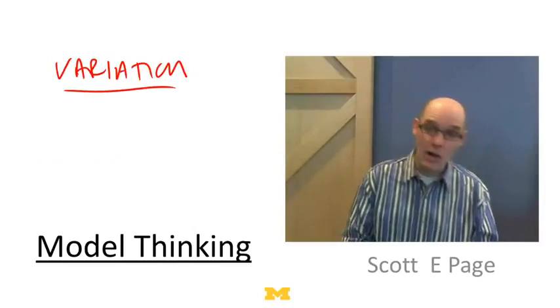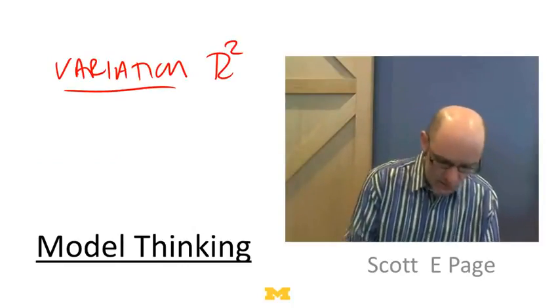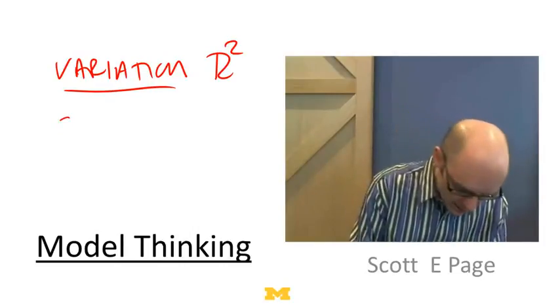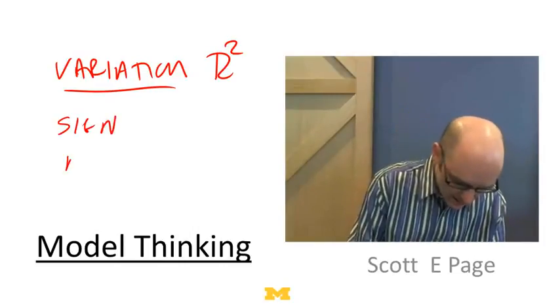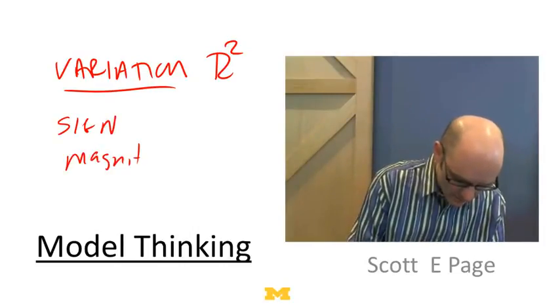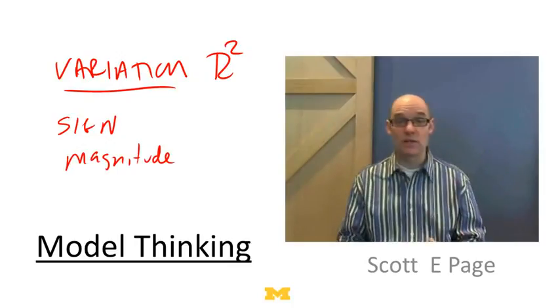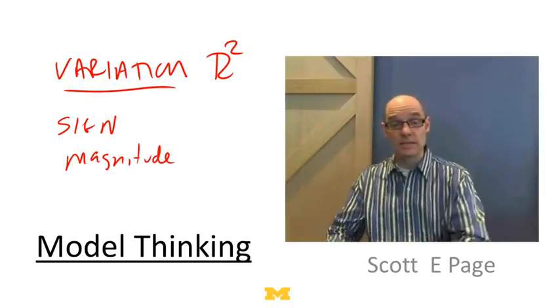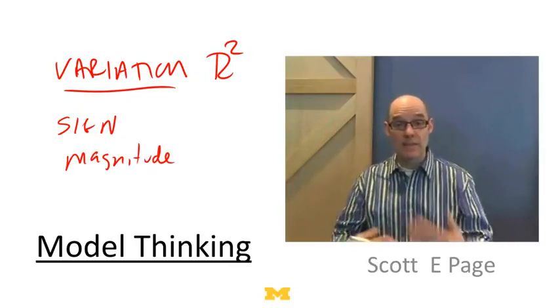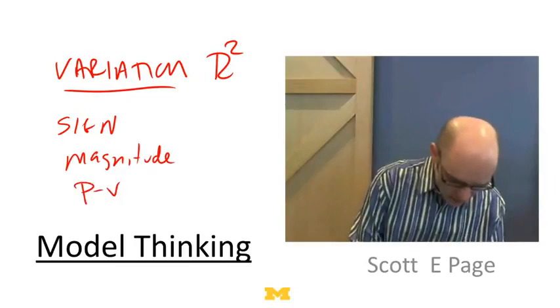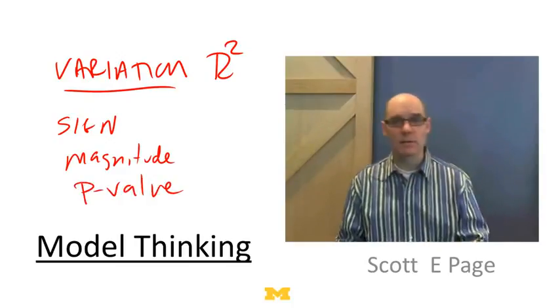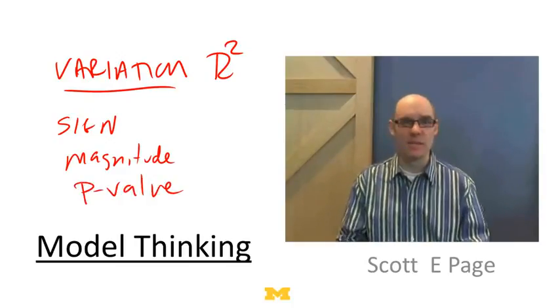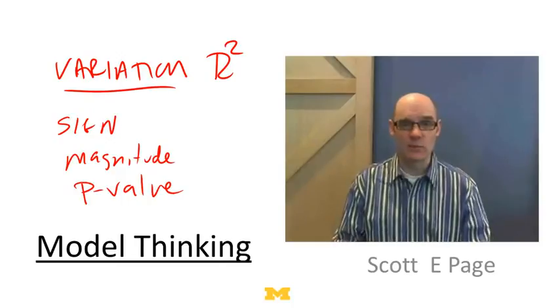So that's a measure of how good the model is, and that's captured by R squared. Then it tells us what the sign and the magnitude of those coefficients are, right? So is the sign positive, and what's the magnitude of that coefficient? And then we also get that p-value thing, which tells us the probability that the coefficient's actually wrong, that maybe the data is so noisy we can't say for sure.